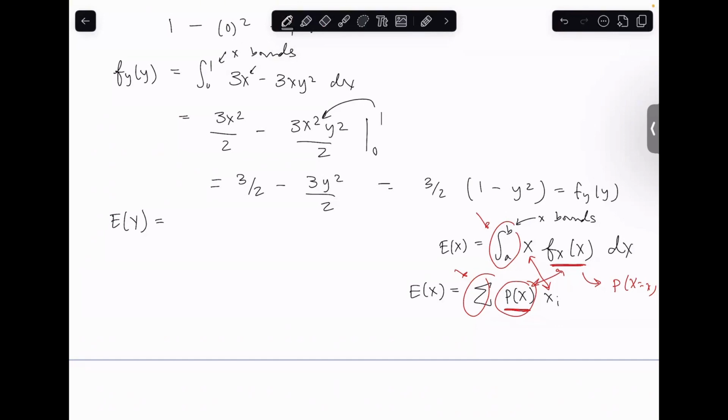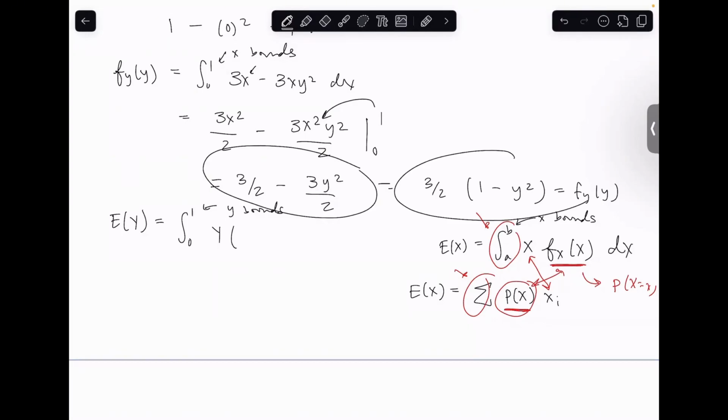So if we do this, we're going to integrate, and these are the y bounds, not the x bounds. One thing I would make sure you have straight before you take the exam is, when am I integrating over the x bounds? When am I integrating over the y bounds, right? y times my PDF for y, which is this, right? Or this.